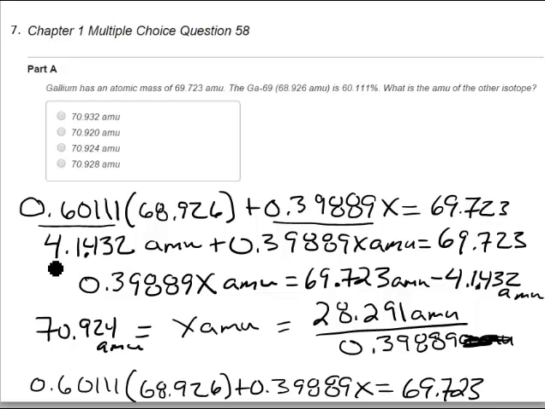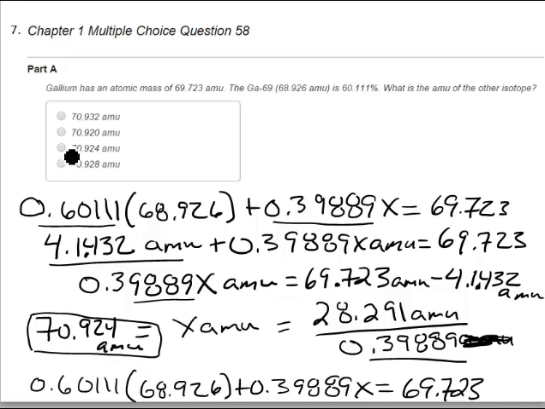I then multiplied through to get 41.432 AMUs plus this thing is equal to 69.723. I then have to get the X on one side by itself, so I subtracted 41.432 from both sides, and then simply divided by this on both sides to come out with my answer here, which is 70.924, and that would be the correct answer then.